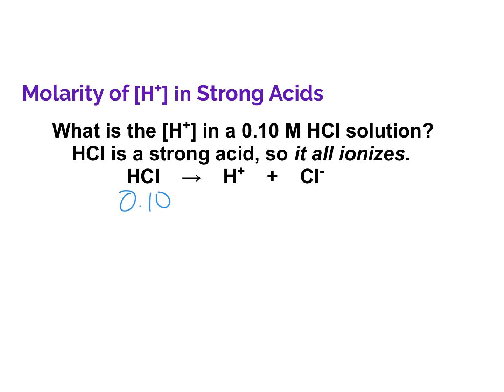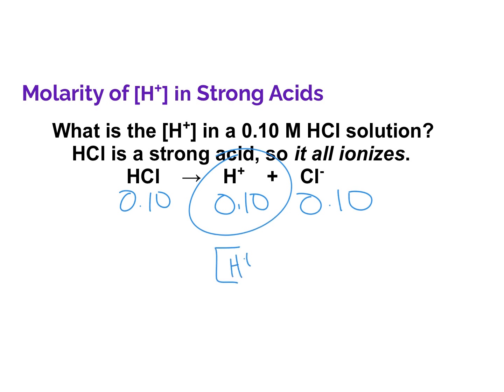Because this completely dissociates, the concentration of the H plus is 0.1 and the concentration of the Cl minus ions is 0.1. So the concentration of our H plus would be 0.10 molar.